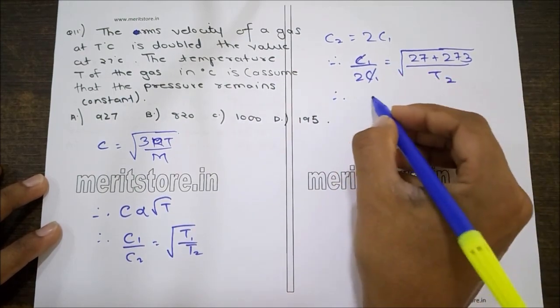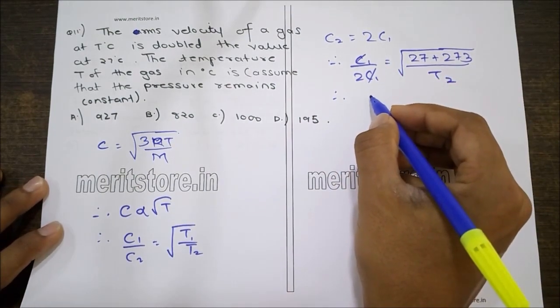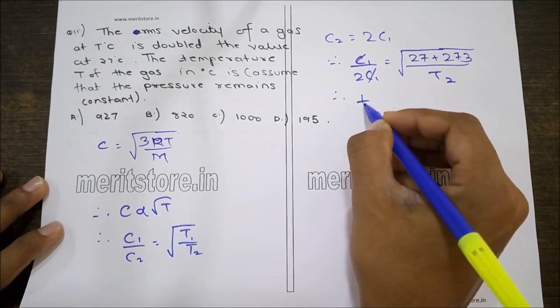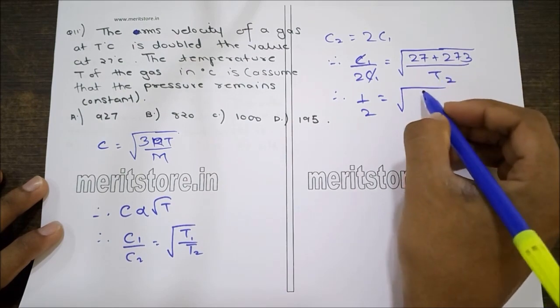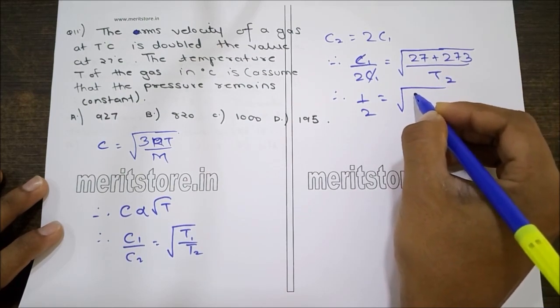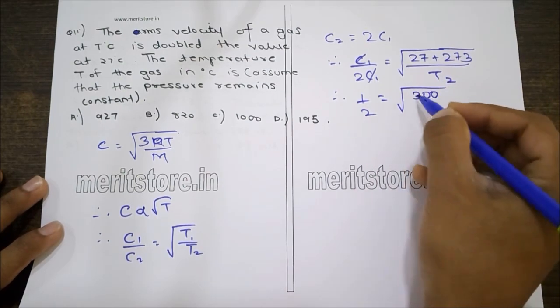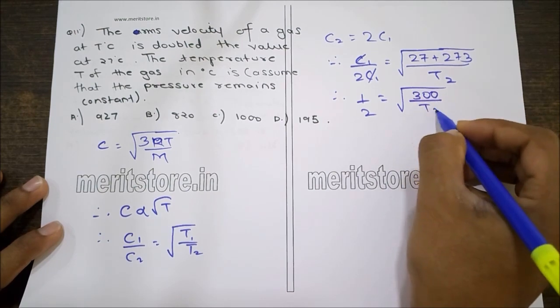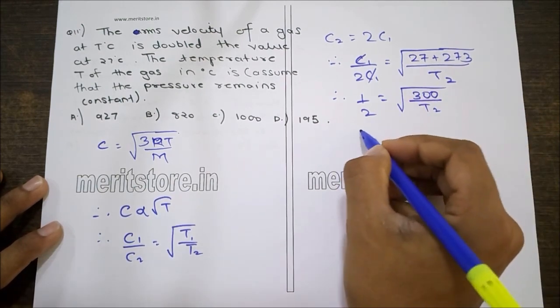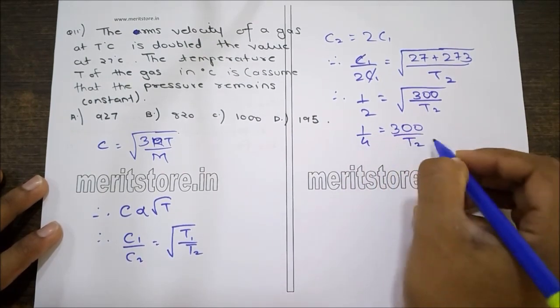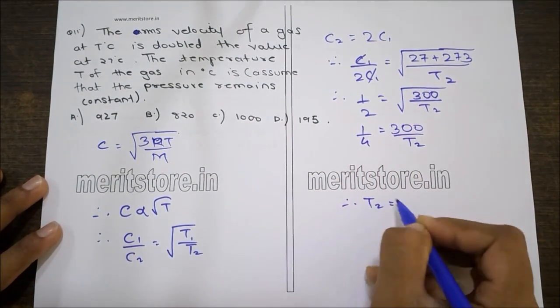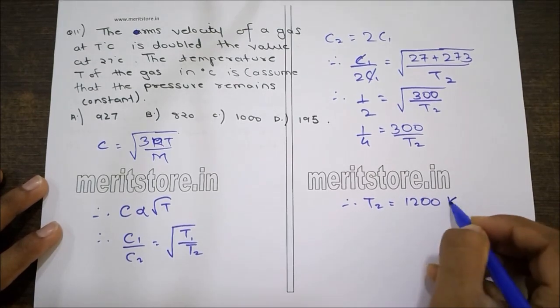So we get 1 by 2 is equal to root of 273 plus 27, that gives 300, upon T2. Squaring both sides we get 1 by 4 is equal to 300 upon T2. So T2 is equal to 1200 Kelvin.